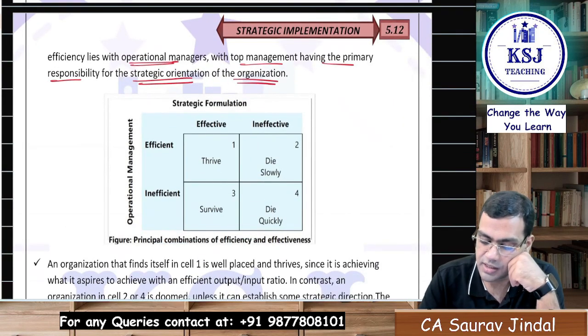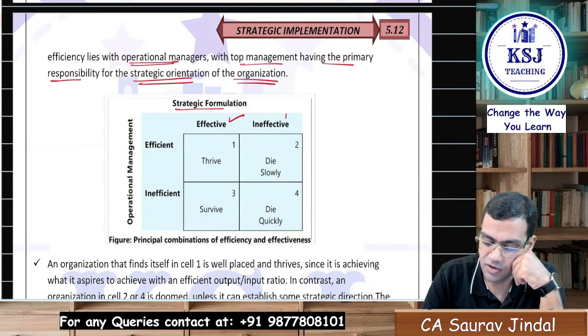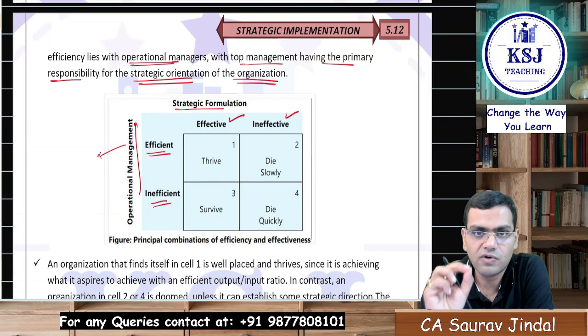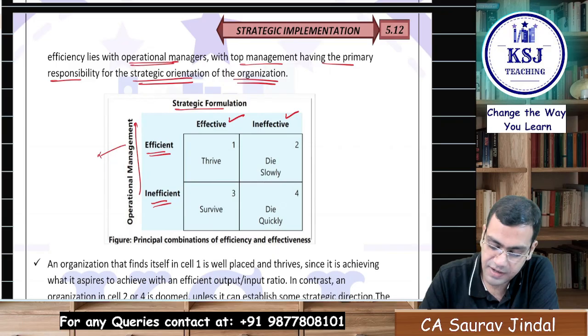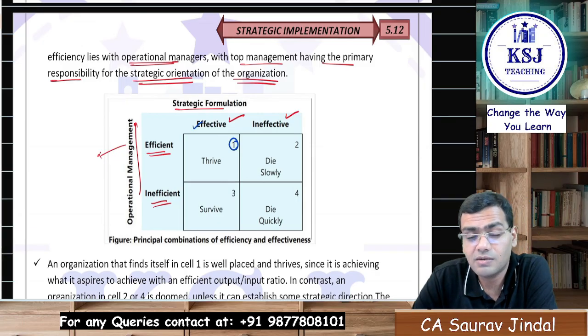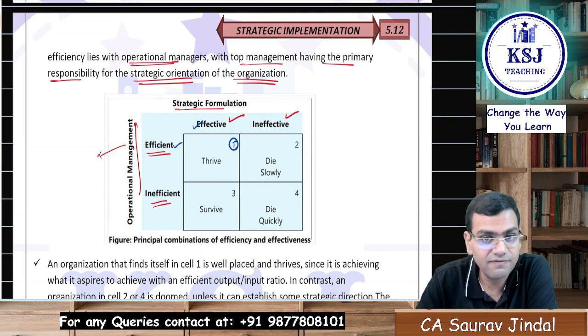So this is what is there: strategic formulation, effective or ineffective, and operational management, efficient or inefficient. If your strategy formulation is effective and your operational management is also brilliant, then you will thrive.